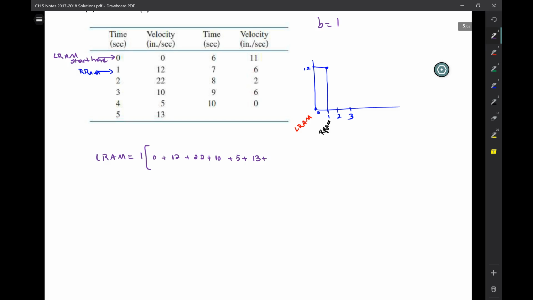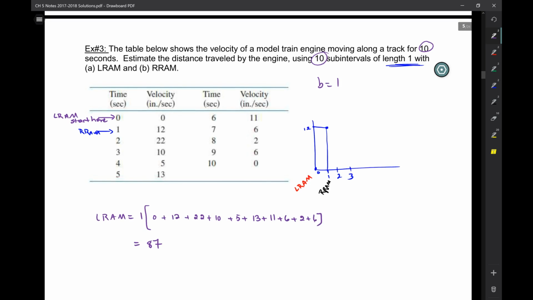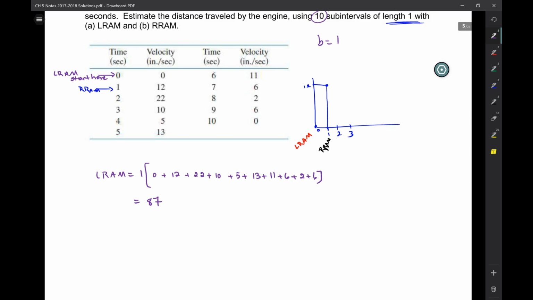So where am I? 0, 12, 22, 10, 5, 13. Yeah, and this is 87. Now, we're given explicit units here. So for distance, what are the units going to be?